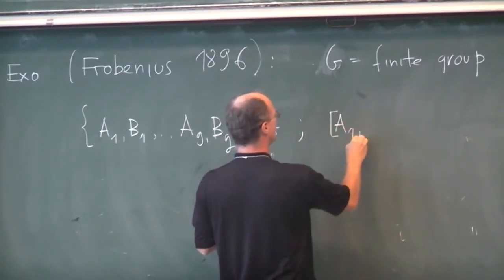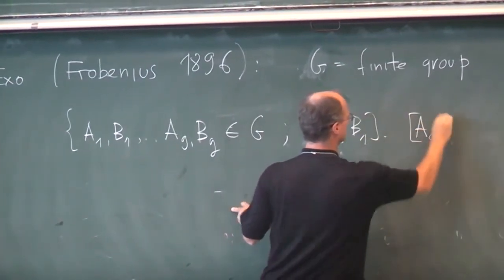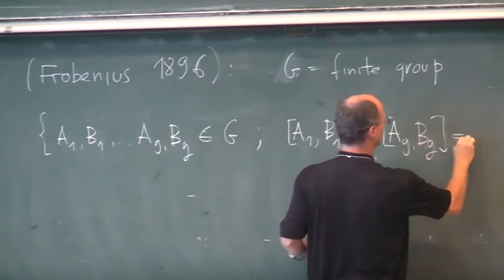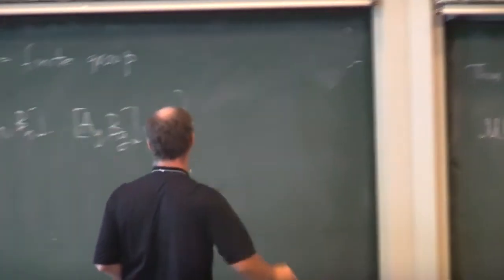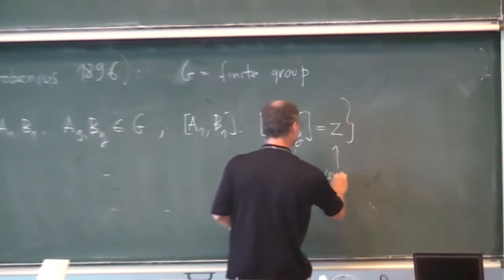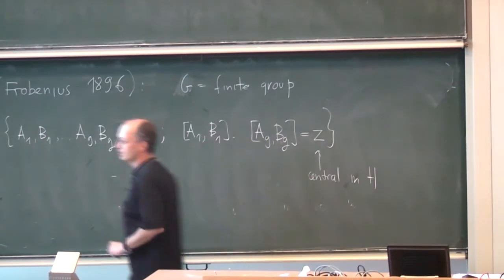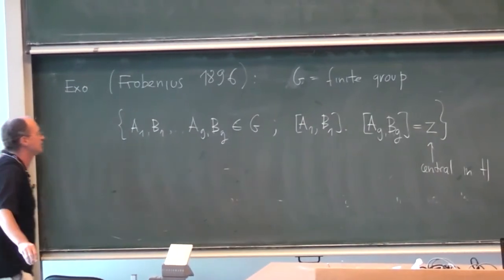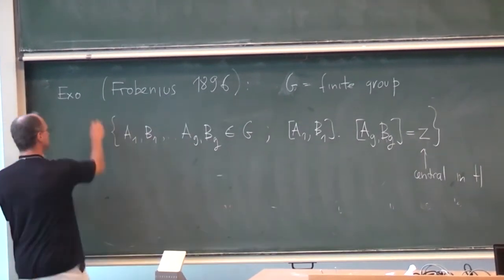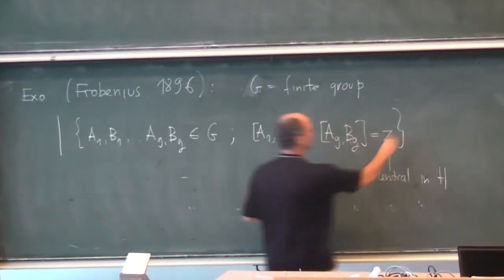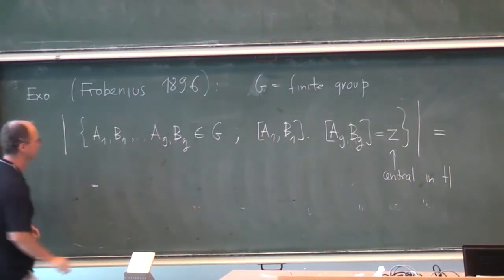So the product of commutators is equal to Z, and Z will be central in G. Well, now this is just a set. Of course, there is no symplectic form, there is no nothing. This is just a finite set. So what we can do, we can try to compute the size of this set, just the number of elements.